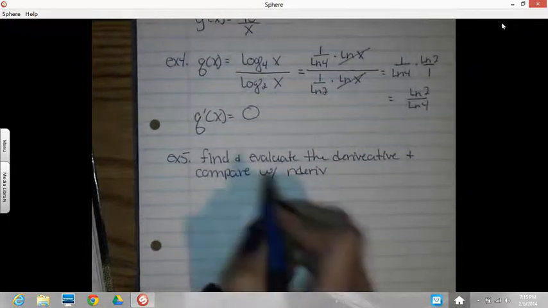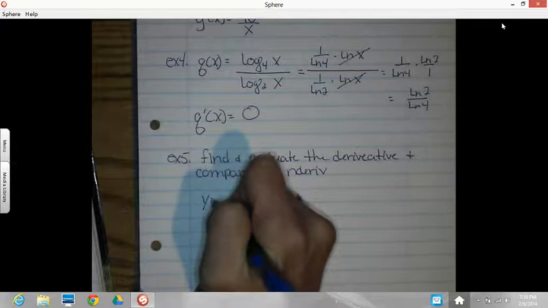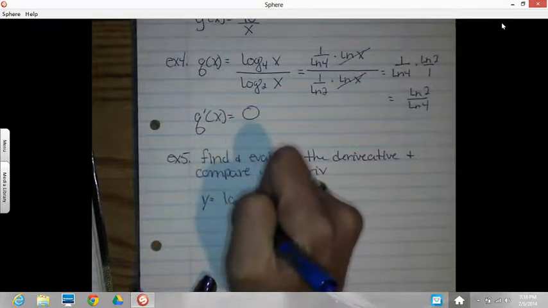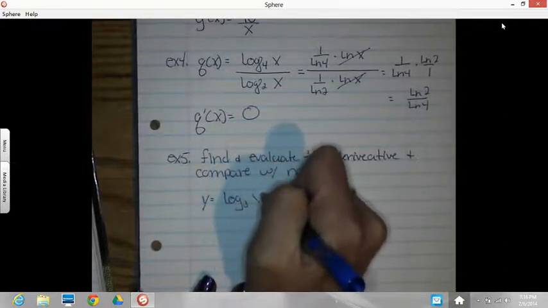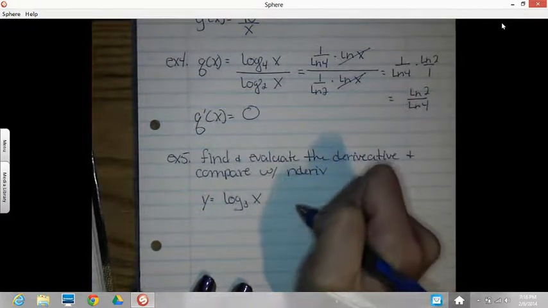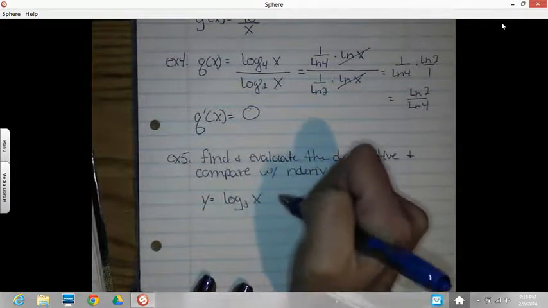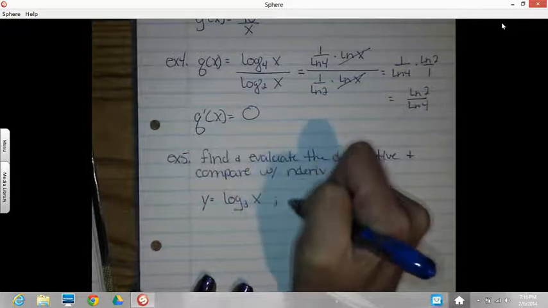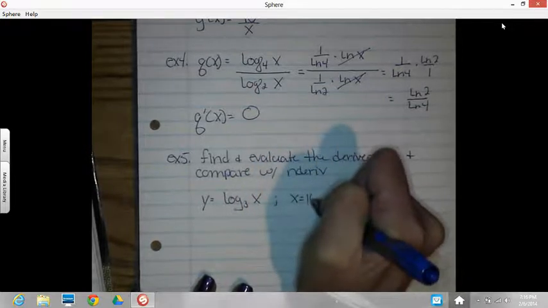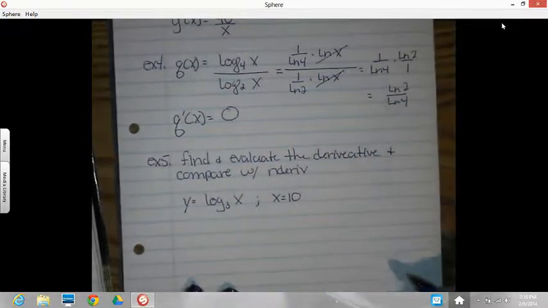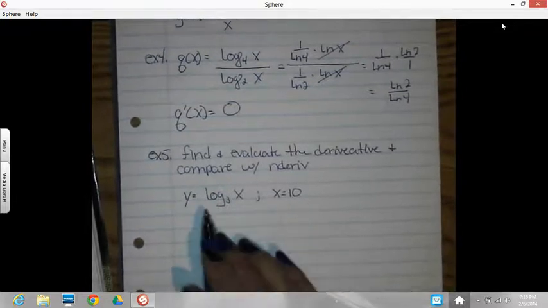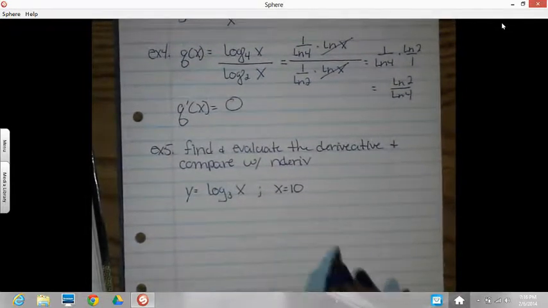All right, so we've got y equals log base 3 of x, and we've got this at x equals 10. We want the derivative at x equals 10. Okay, so we'll go through the by hand way, and then we'll do the nDeriv way.